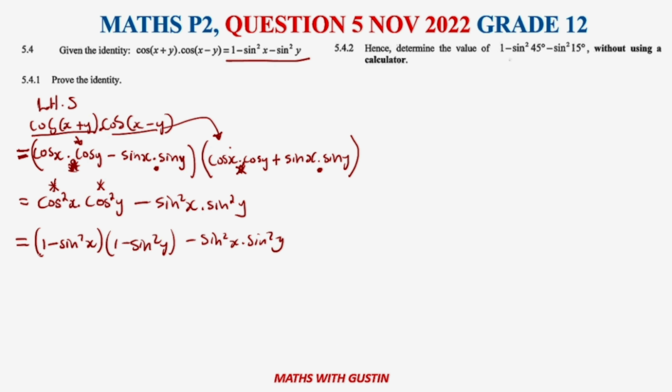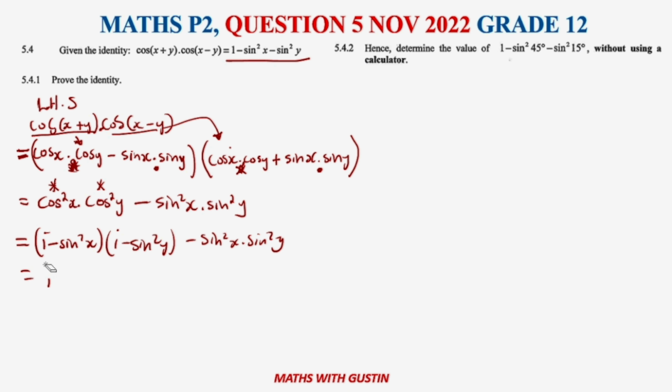Okay, good stuff. So here what we can do, we can expand this again and see what we are going to get. All right, so let's multiply throughout. 1 times 1 is going to give us 1. Do I need to put in the bracket?